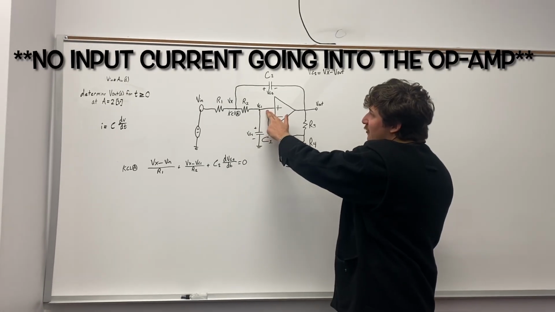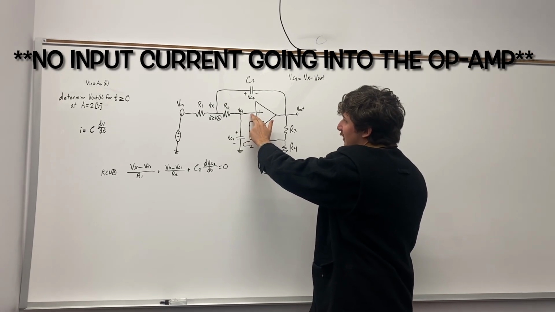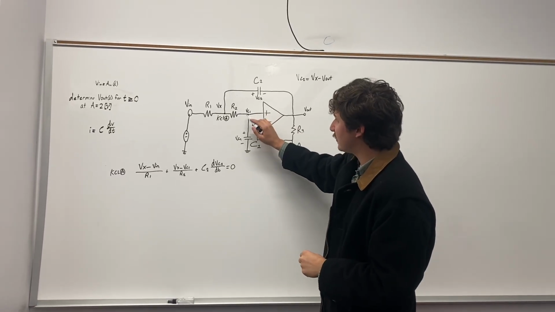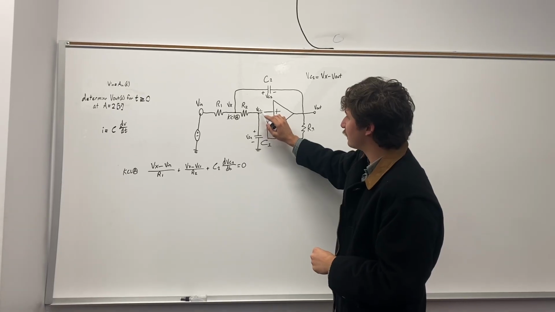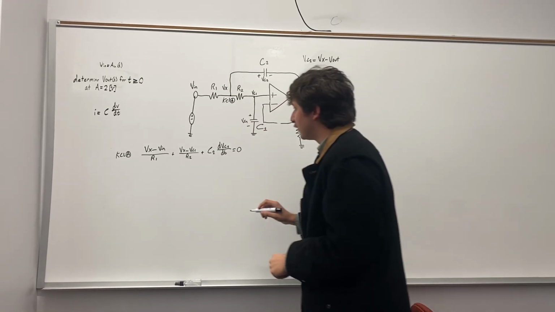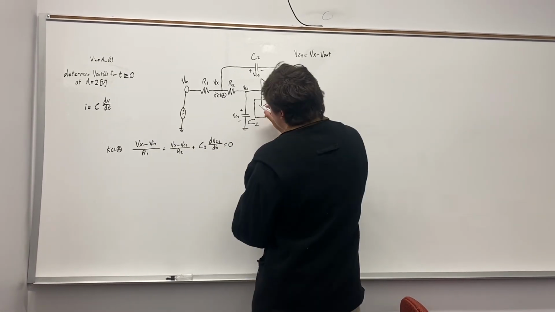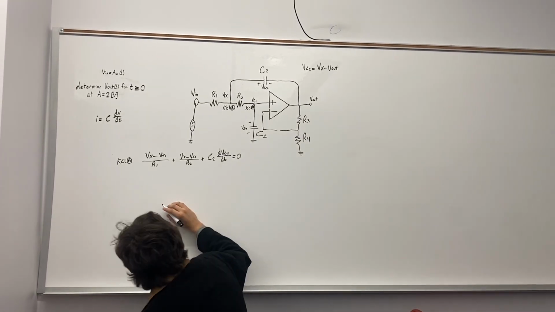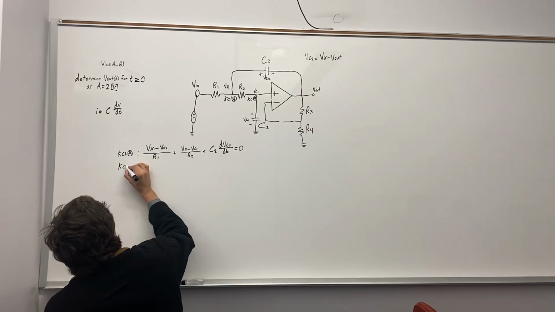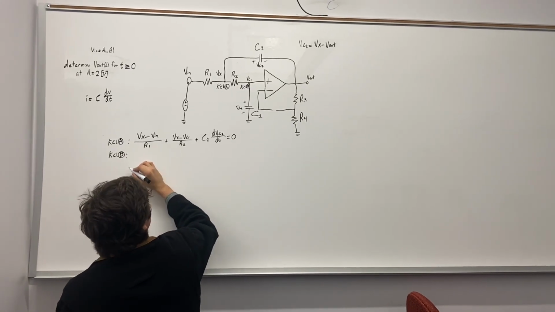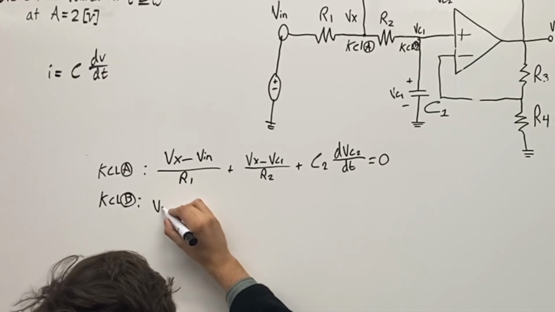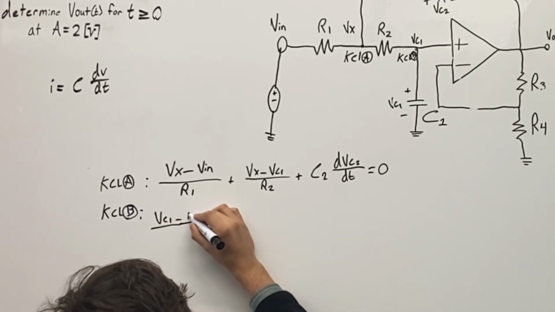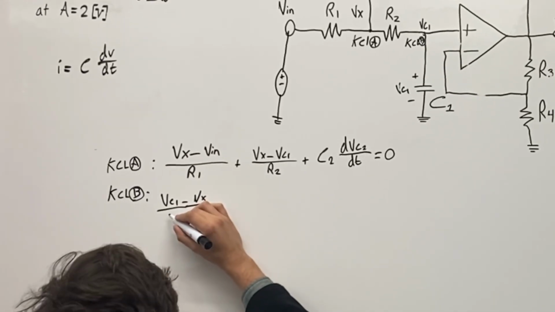And remember, there's no input voltage coming into this operational amplifier. So our KCL is just going to be through this way and this way. We're going to label that as KCLB. We're going to say VC1 minus Vx over R2.